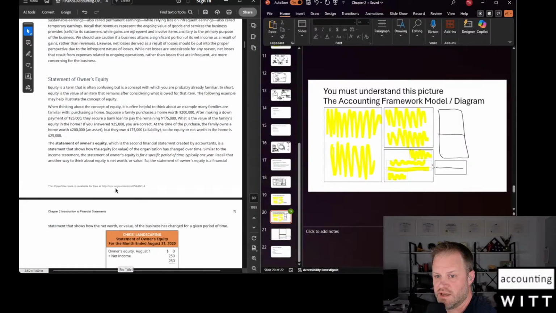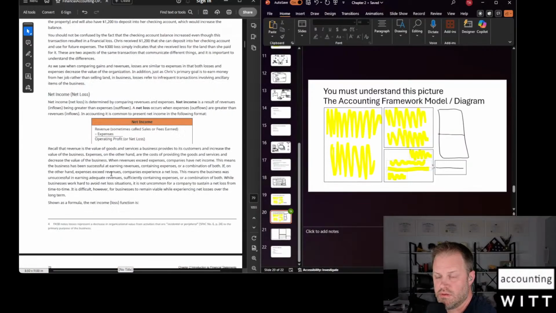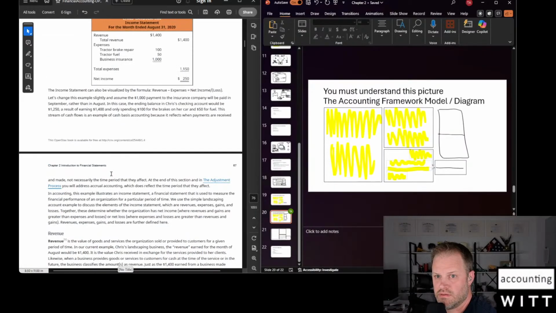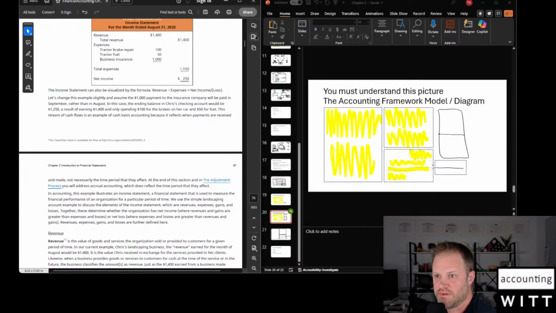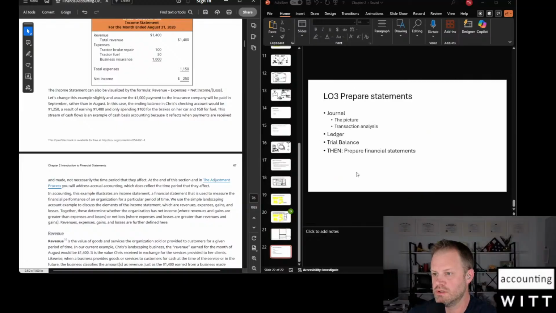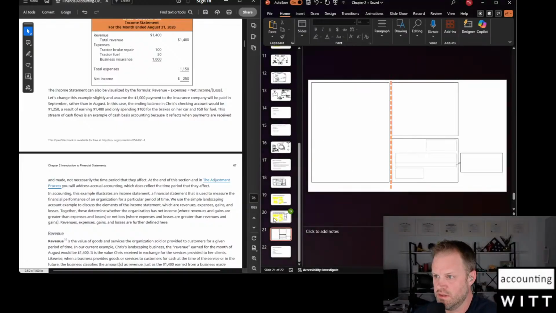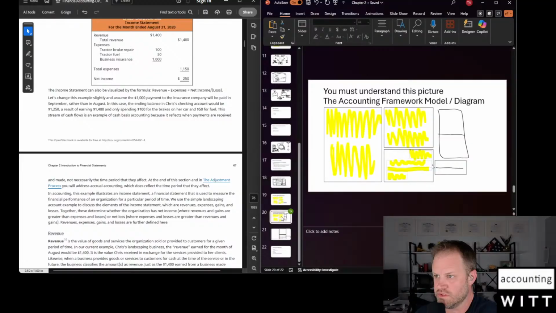So the next thing I've got to do is break that down. And then we'll get into chapter 3 after that. So part 2 will be explaining the rules of this picture.